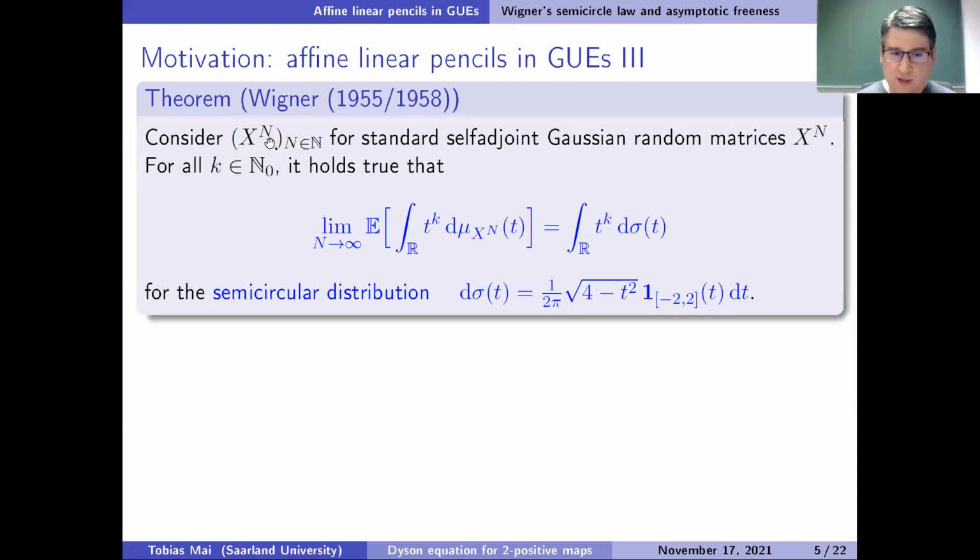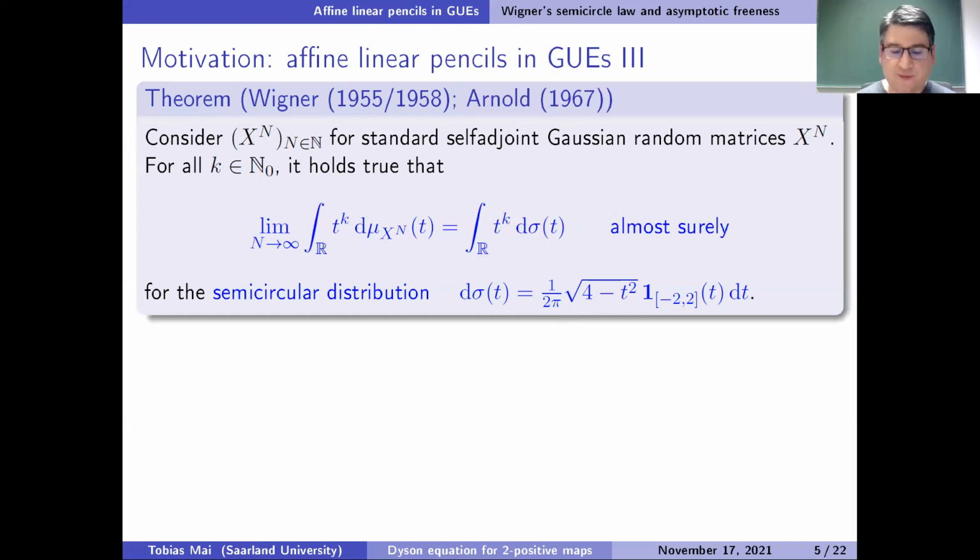So whenever I take one such standard self-adjoint Gaussian random matrix, then these integrals with respect to the empirical eigenvalue distribution converge under the expectation to the corresponding integrals with respect to the semicircular distribution. But in fact, this can be improved and was improved to an almost sure convergence. So you can just drop the expectation and you still have this phenomenon.